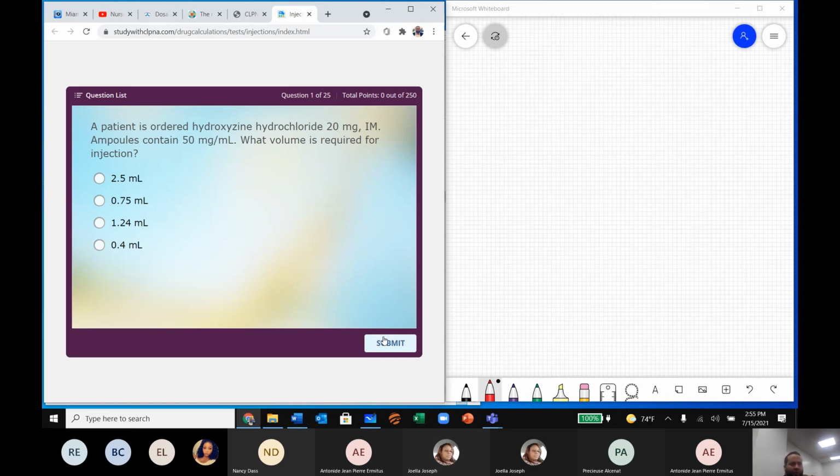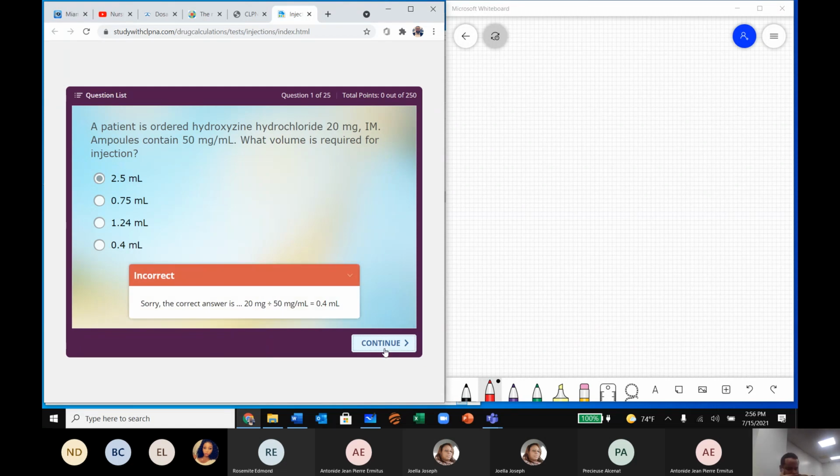What volume is required for the injection? 2.5? No. For this problem, we divide the 20 milligrams by the 50 milligrams, which is 0.5 ml.